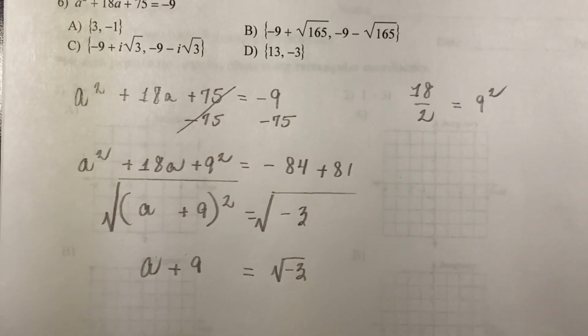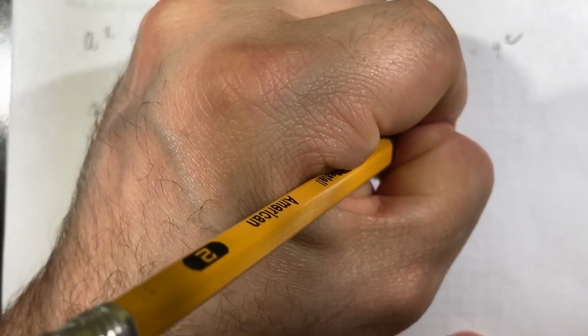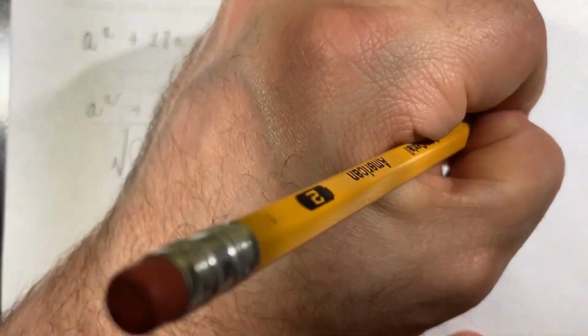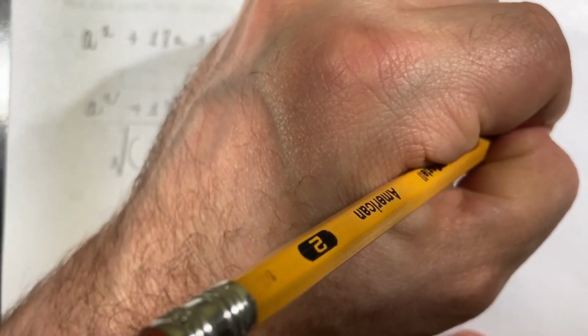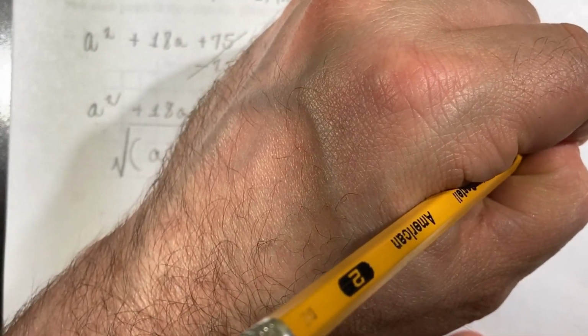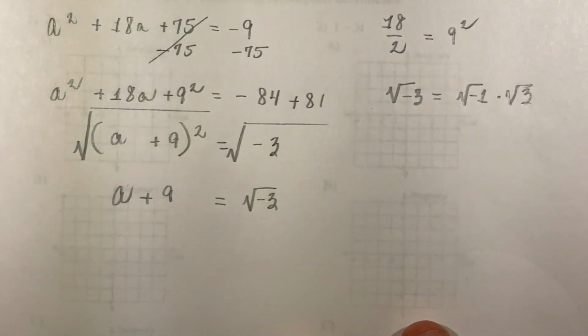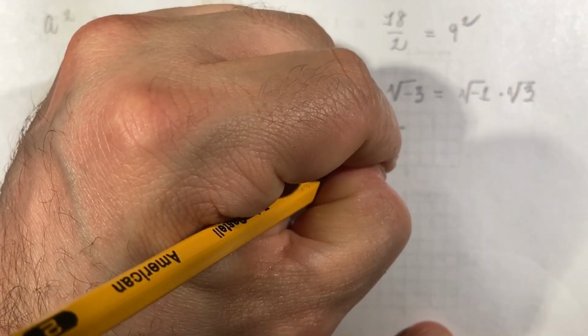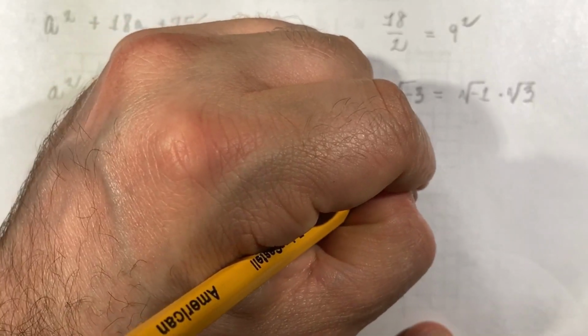Remember, the square root of negative 3 can be written as the square root of negative 1 times the square root of positive 3, and the square root of negative 1 equals i.